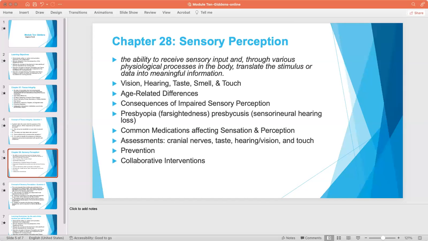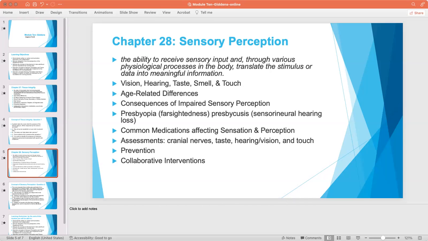Okay, the consequences of impaired hearing and vision are falls, burns, food poisoning, hypothermia, pressure ulcers, and toxic gas exposure. Impaired vision and hearing in children can contribute to significant developmental delays and learning disabilities as well.